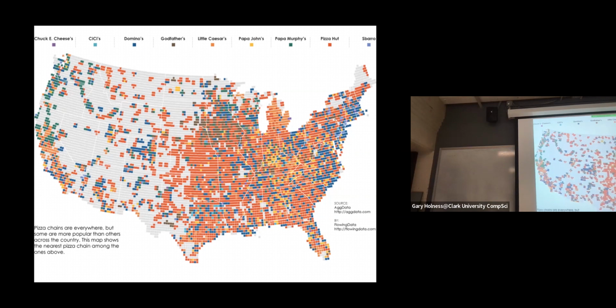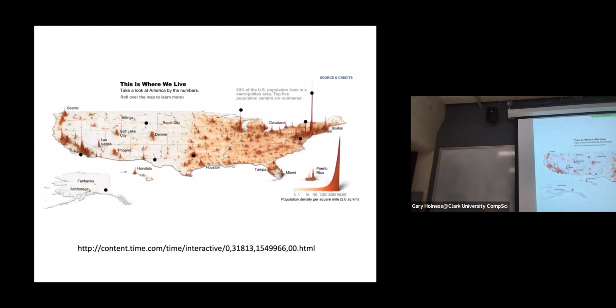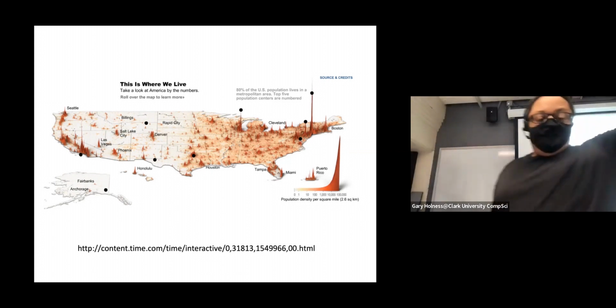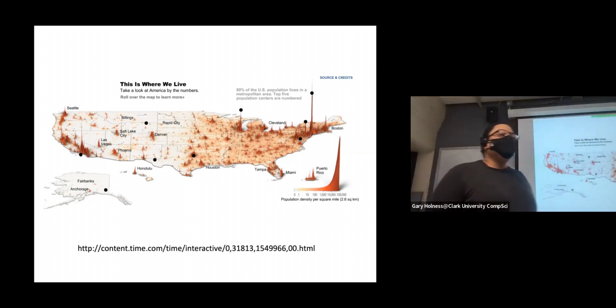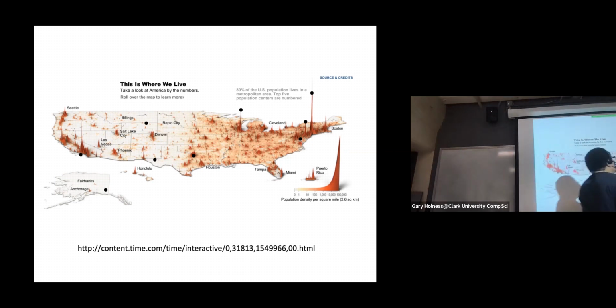Now, this other chart is a population chart represented as a relief map. The higher this mountain, if you want to call it that, the more population you have. And so here, this huge spike, that's New York City. And then here, this huge spike, that's Los Angeles.